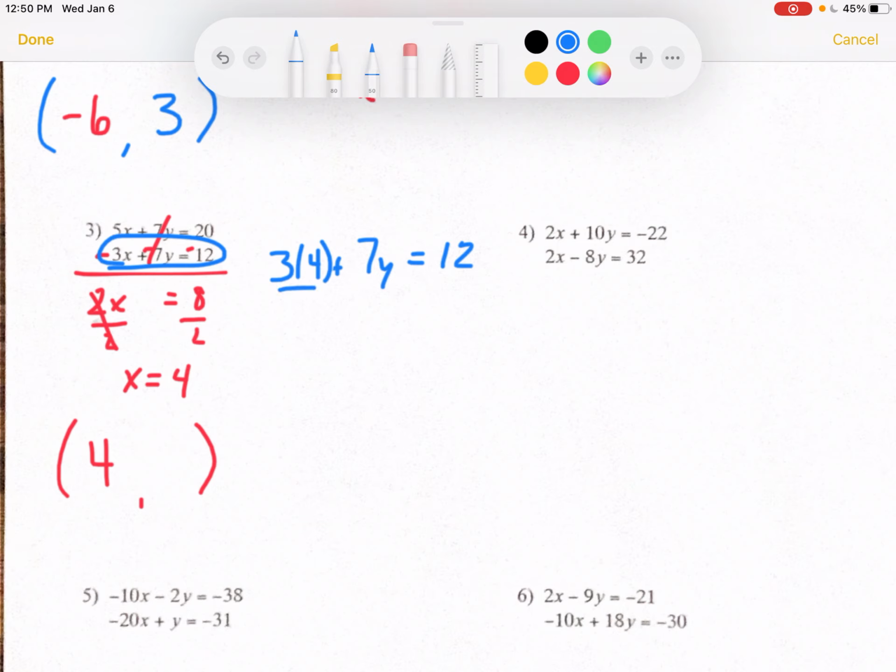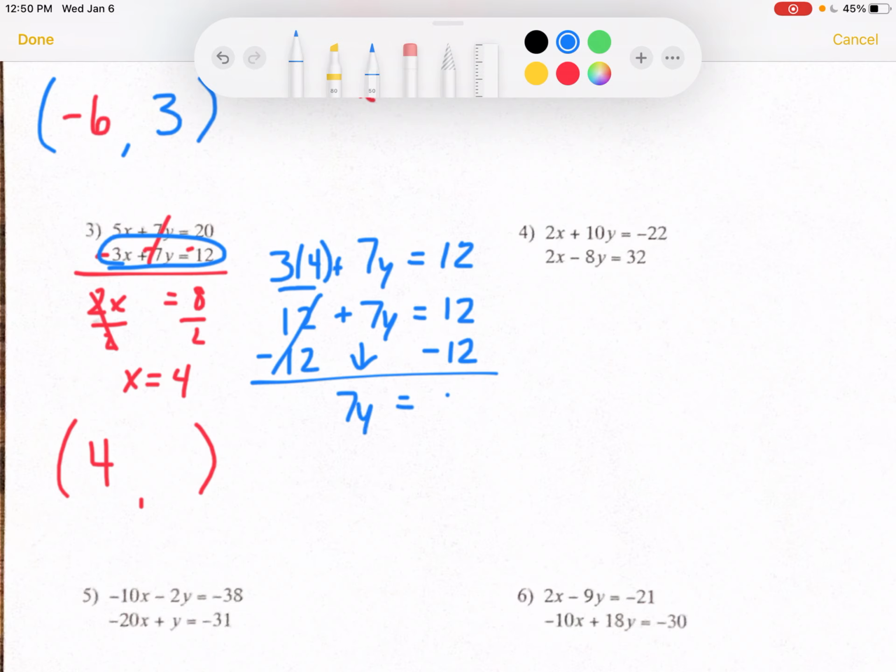So if I multiply 3 times 4, I have 12 plus 7y equals 12. And so it's going to be a little funky here when I subtract 12 because it's 0, so I just have 7y, and then 12 minus 12 over here is 0 still. So divide by 7, so y is 0.